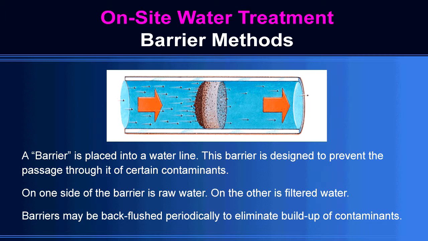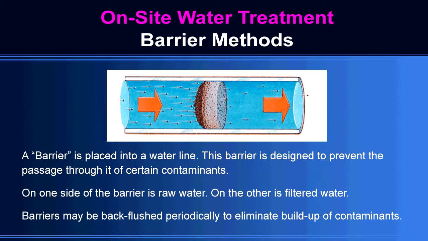The problem with a barrier type system is, one, you're relying on a manufactured, man-made barrier, which could have imperfections. Secondly, as you can see, stuff starts to build up on this barrier. In normal operation, we'll have variables like water pressure, water hammer, and temperature change, and with that, we'll actually get some of that stuff releasing as it builds up on that filter.